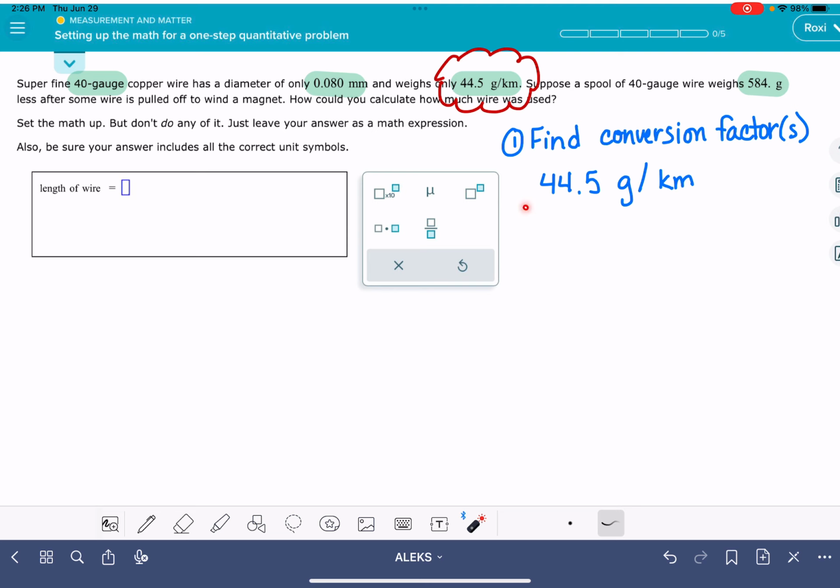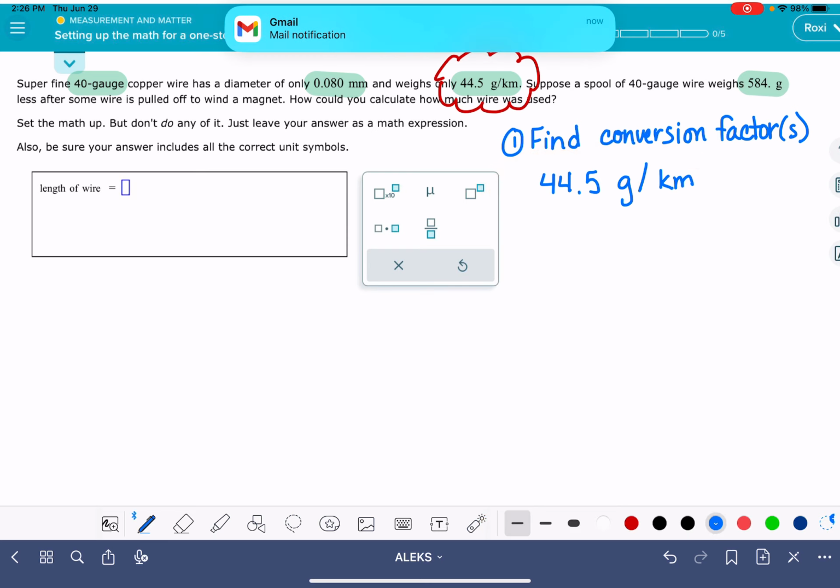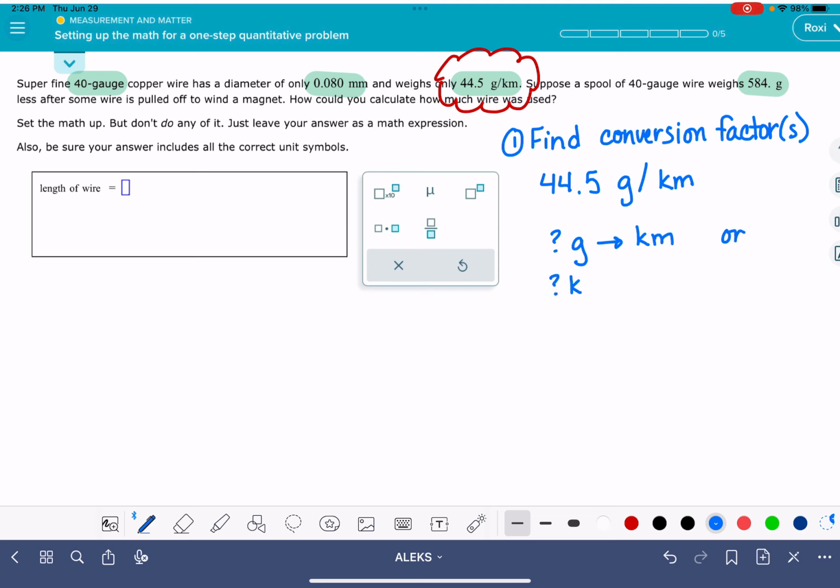So we know that we're going to use the 44.5 grams per kilometer conversion factor. That means that this problem is either going to give us a number in units of grams and ask us to convert it into kilometers, or it is going to give us a number in units of kilometers and ask us to convert it into grams. And we've got a couple of ways that we can figure out which one of these conversions we're going to be doing.